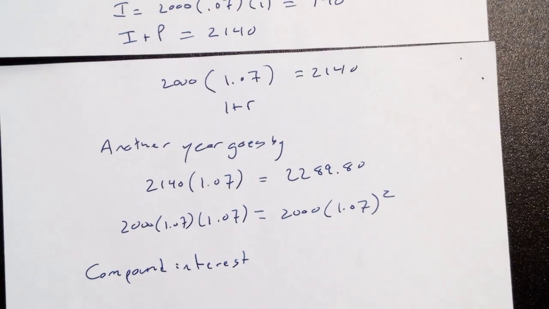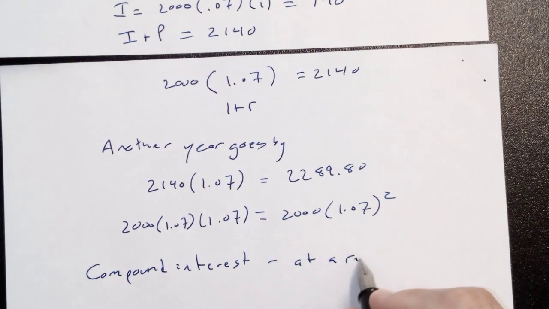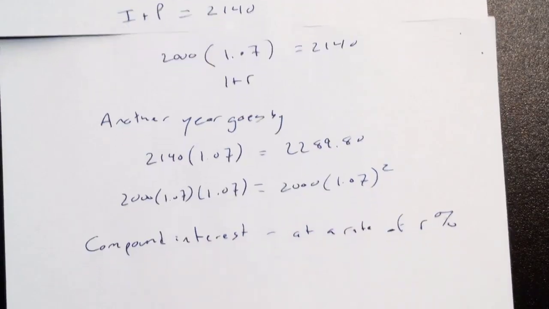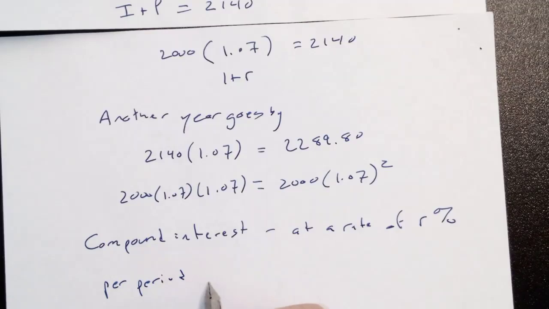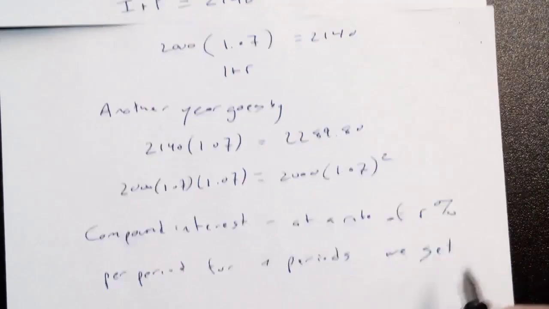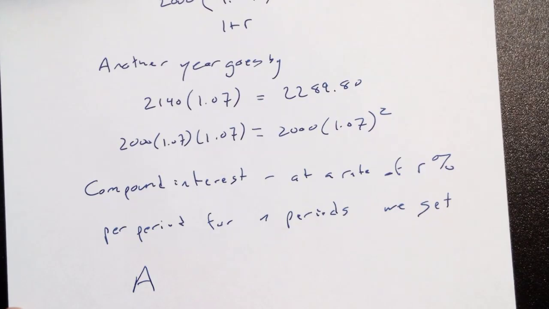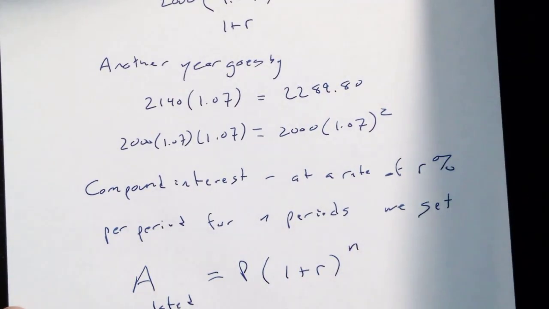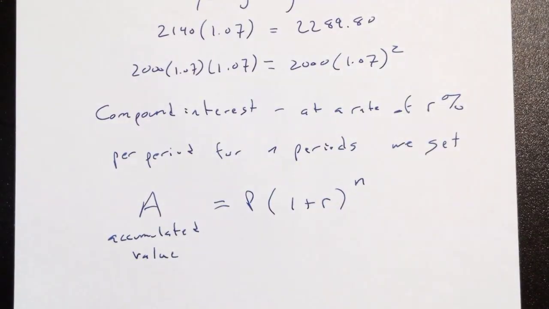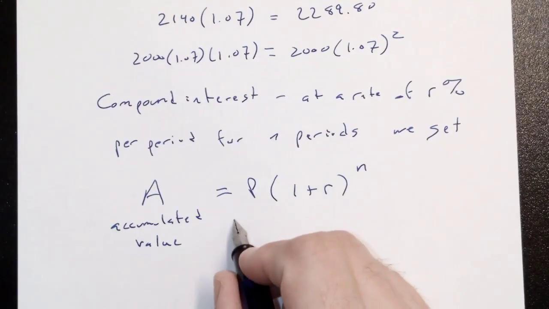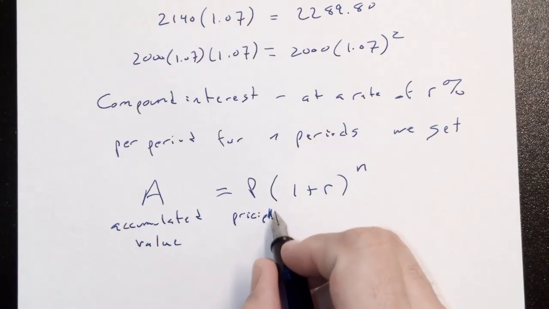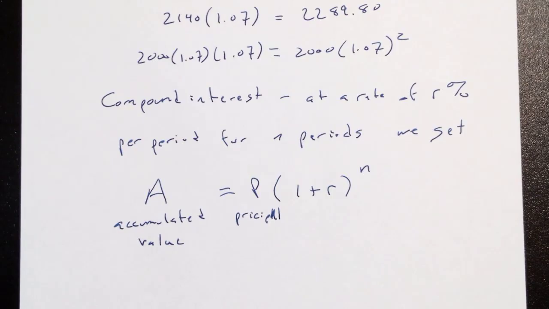And our accumulated amount can be computed by looking at the principal, the present value, rate, number of periods.